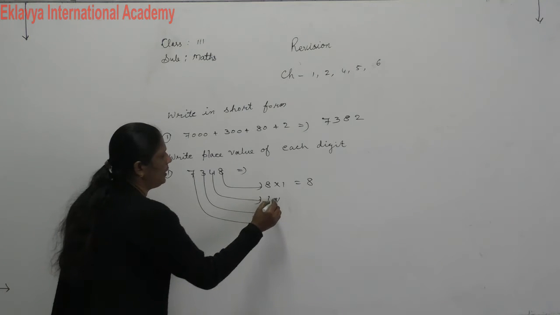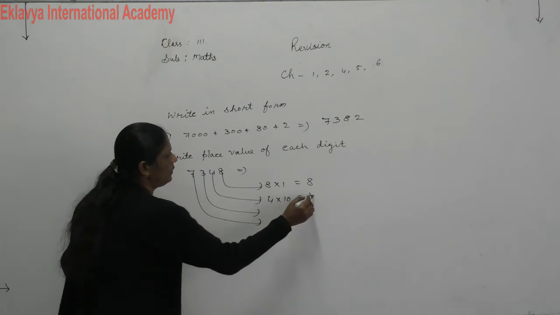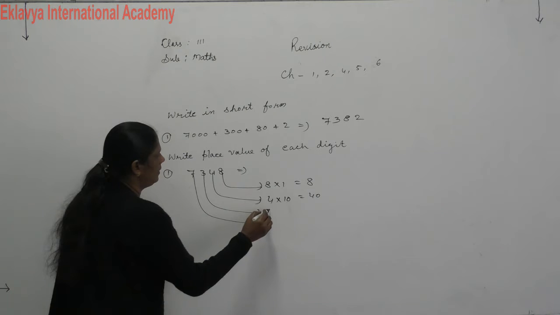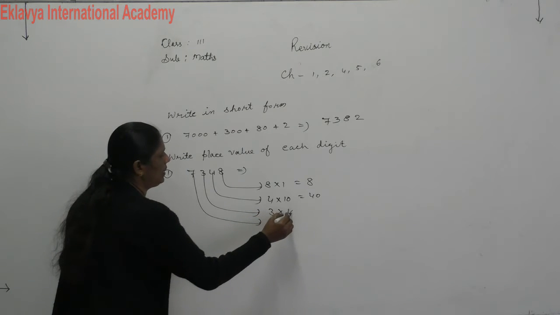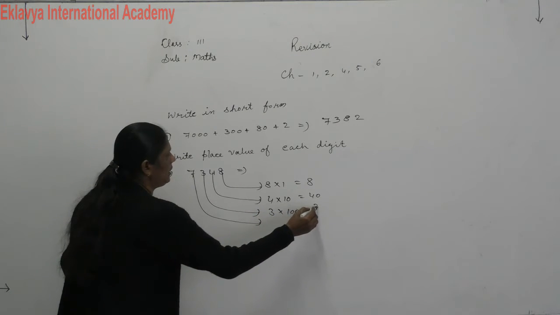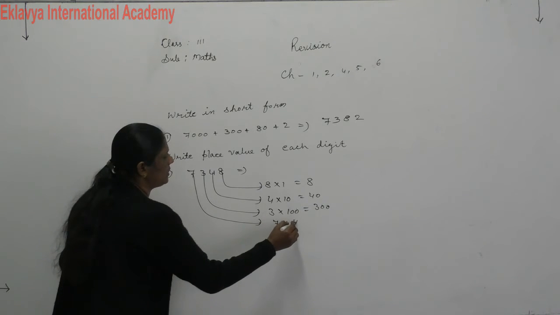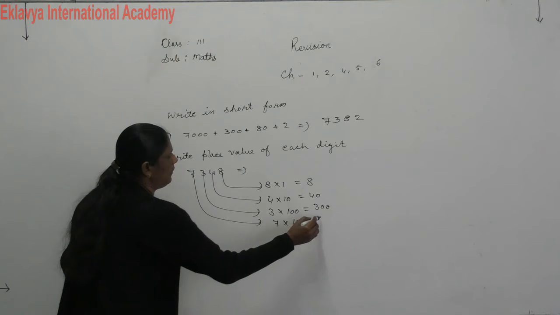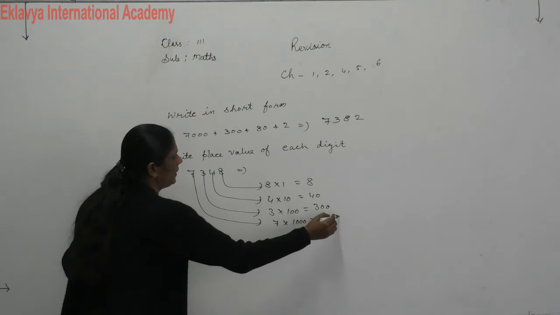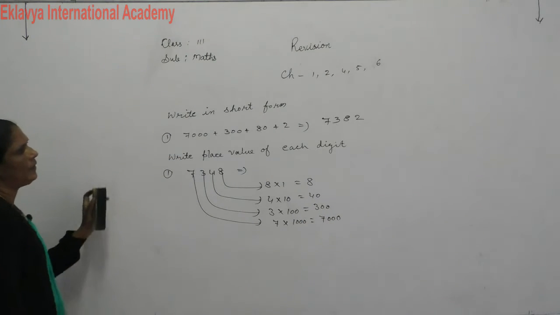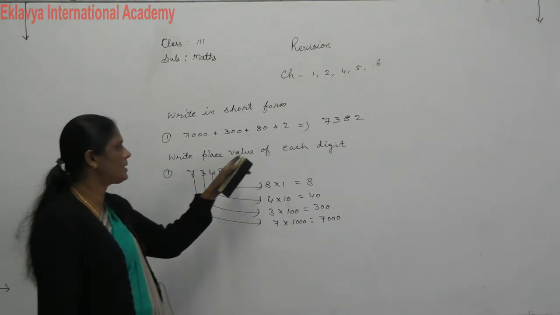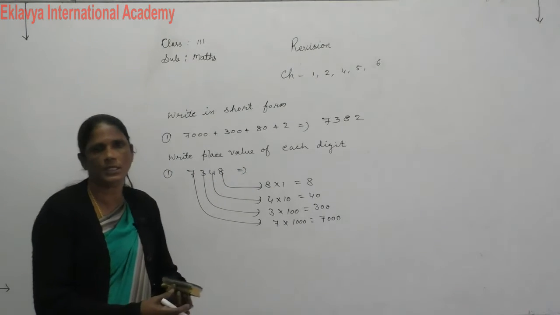Then 4 into 10 is equal to 40. Then 3 into 100 is equal to 300. Then 7 into 1000 is equal to 7000. Understand this? What is the question? Write the place value of each digit.